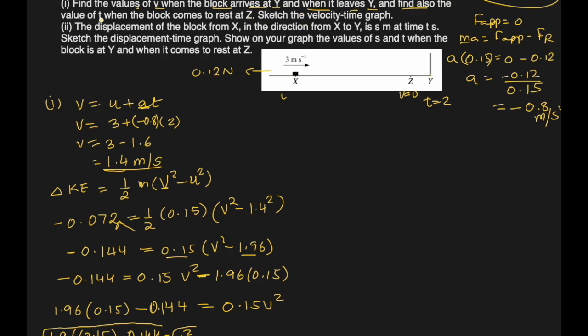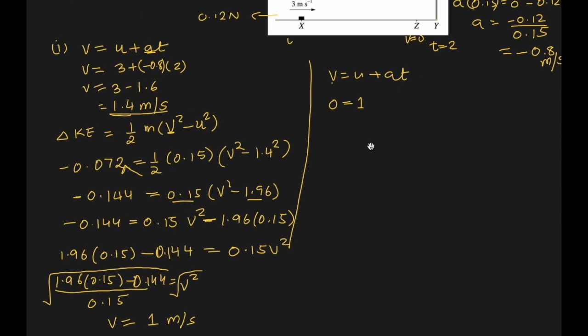And find also the value of t when it comes to rest. Okay, so that will be an easier part, I think. So now we know that v equals u plus at, which we used earlier. At z, it is coming to rest, so v is 0 in that case. When it started from this wall, its speed was 1 meter per second, which we just got in the previous part. Acceleration is the same because the surface is the same. It will remain what it was, minus 0.8 meters per second squared, and they're asking us the time.